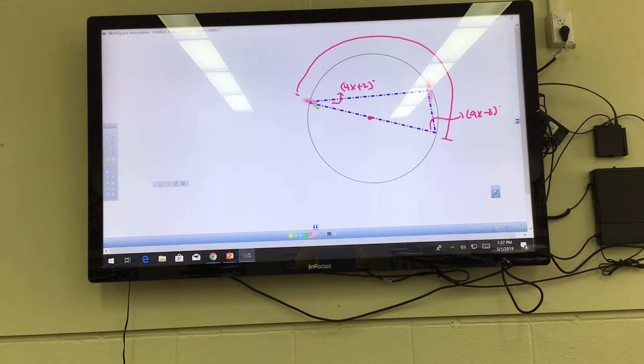from this endpoint to this endpoint, based off of this inscribed angle, is 180 degrees. So all the way around this circle is 180 degrees. It's a semicircle, all the way around half the circle, I should say.